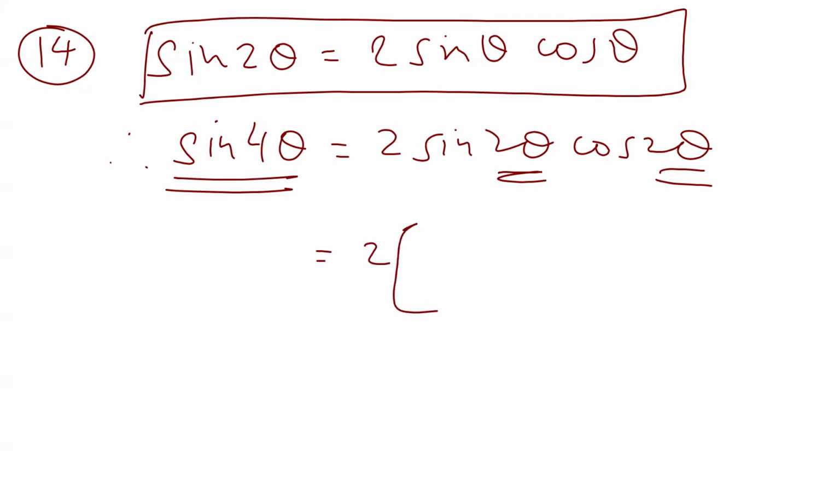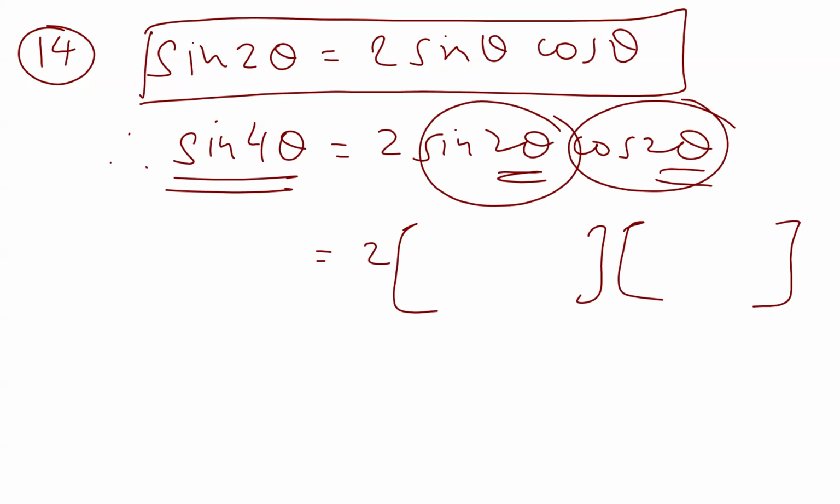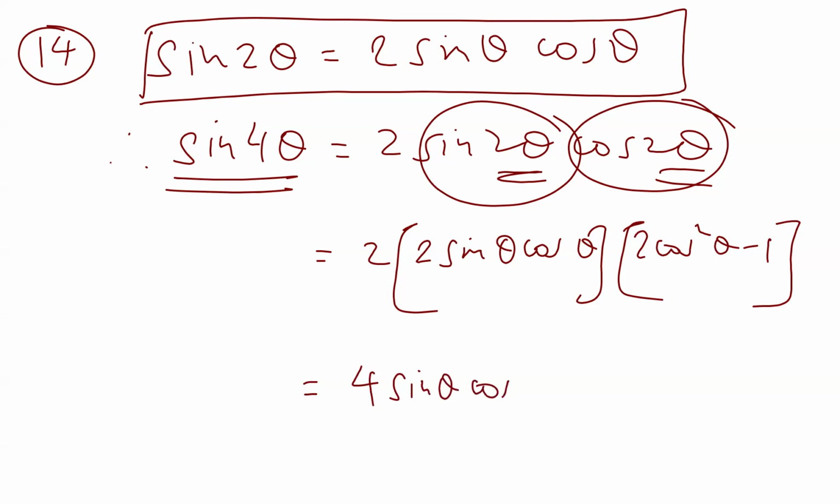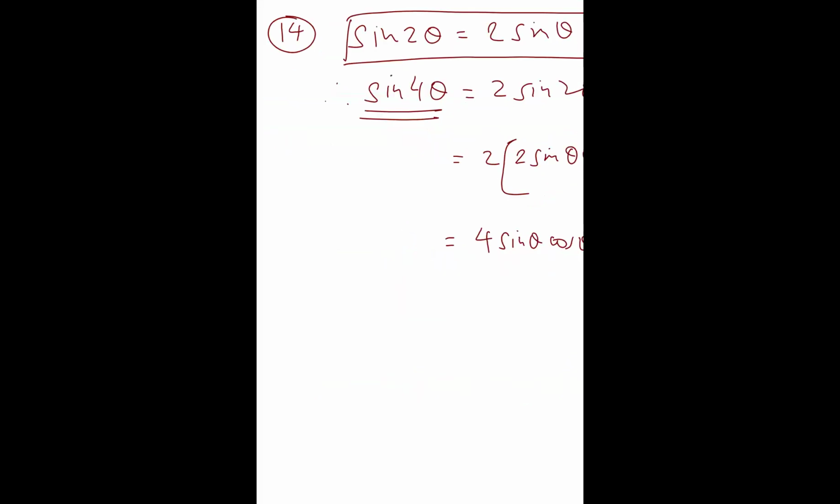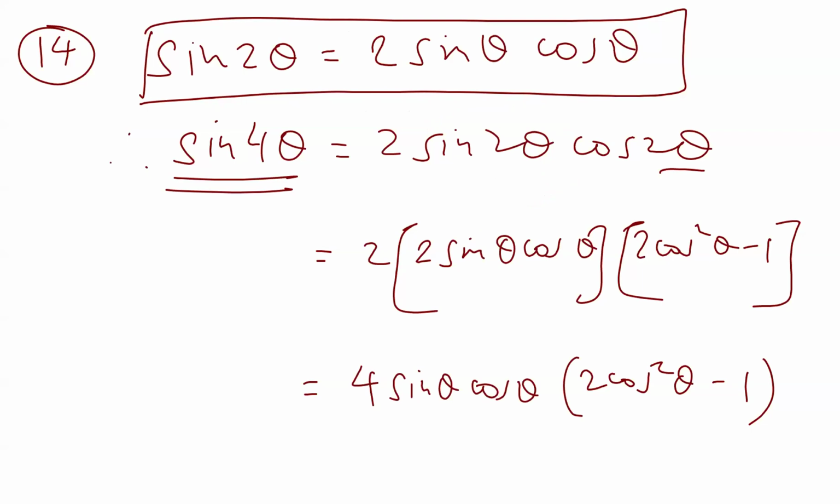So, what we are going to do is here and here, I'm going to use half angle. So, 2 sine theta cos theta, and you can write 2 cos square theta minus 1. Okay, so this will be 4 sine theta cos theta into 2 cos square theta minus 1, right? So, sine 4 theta is expressed in both the ways.